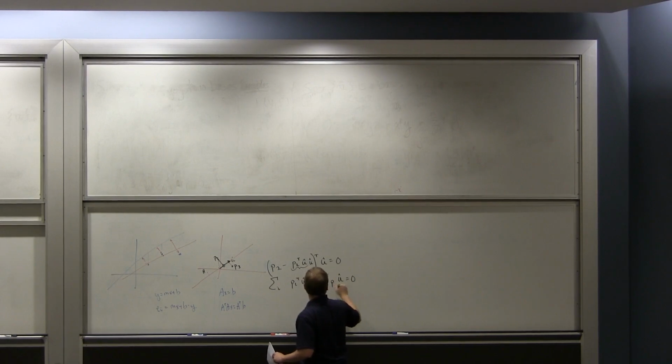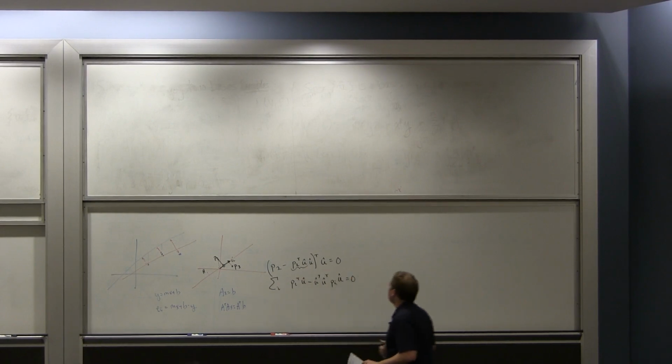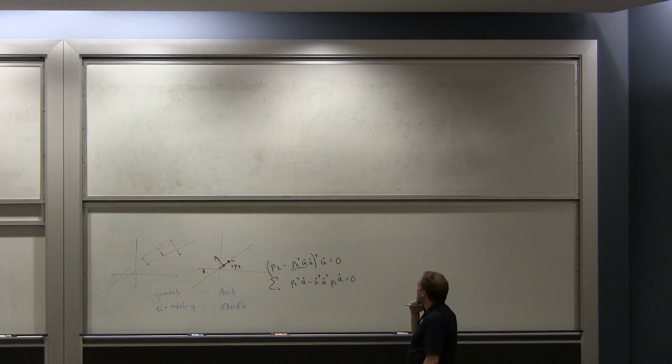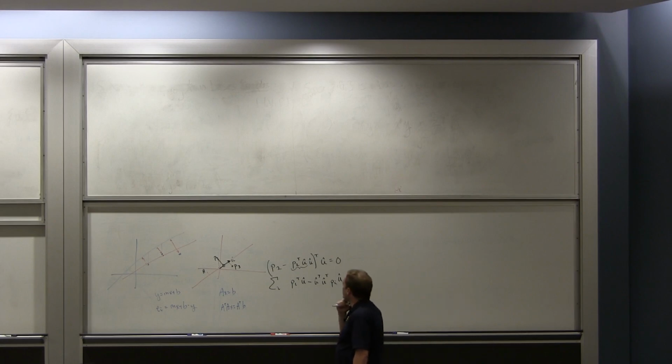Let's see. You know what? I'm going to write this a different way, and I think we're going to agree that it's going to be the same thing, but I think it's going to give us a happier approach. So we do want this to be true, but another way that we could express this constraint is that we want to minimize the sum of the distances.